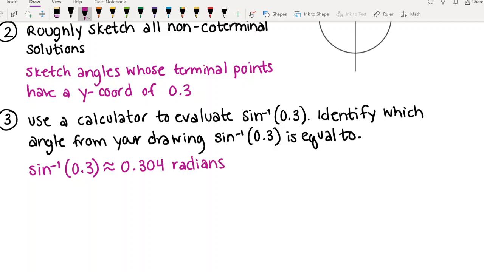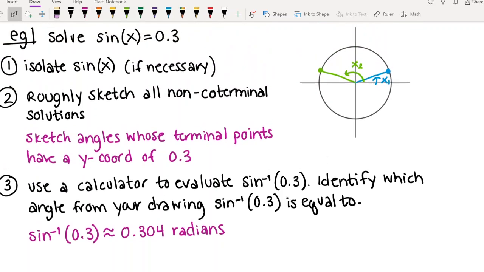So how can we figure out which of the two angles that is on the unit circle? Well, if you remember what types of angles inverse sine gives us, we know that inverse sine will only give you angles between negative pi over 2 and positive pi over 2. So it's impossible that the other angle would come out of typing inverse sine into your calculator.